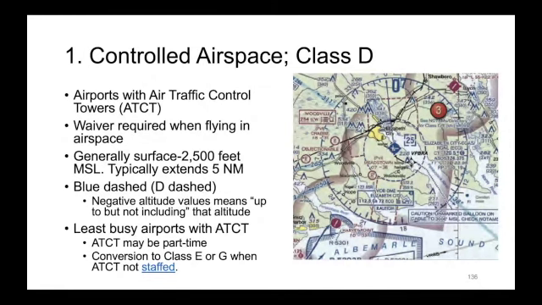And then at 2,500, there was probably a Class C or B surface that starts up. So remember, minus, it goes from the surface up to 1 foot less than what's in the bracket. This is a 2,500, so it would be 2,499. And just remember, at 2,500, you're probably going to run into some Class B.